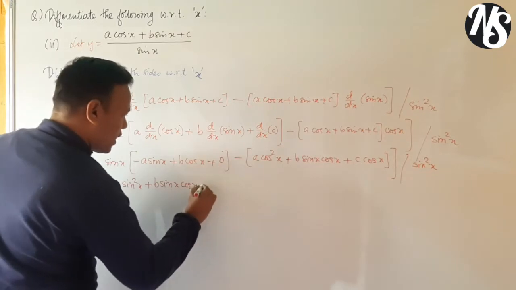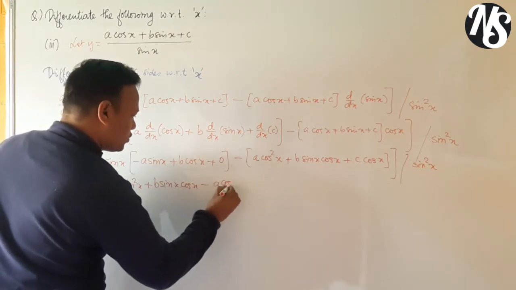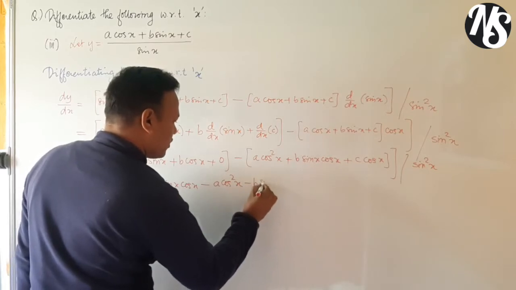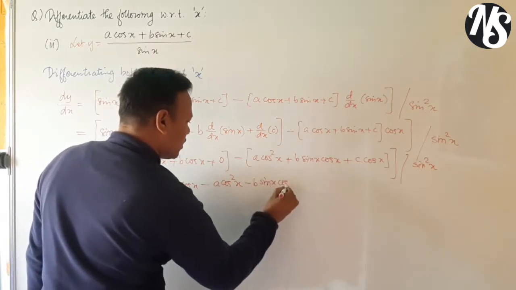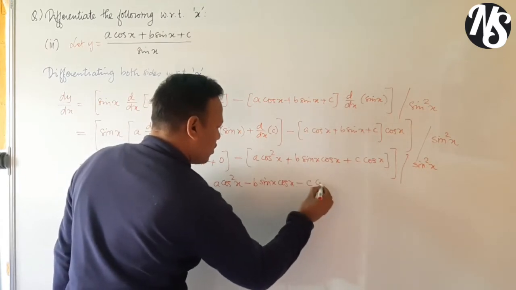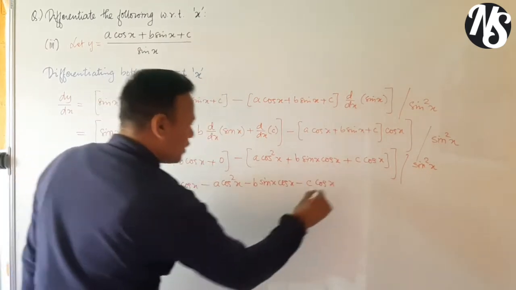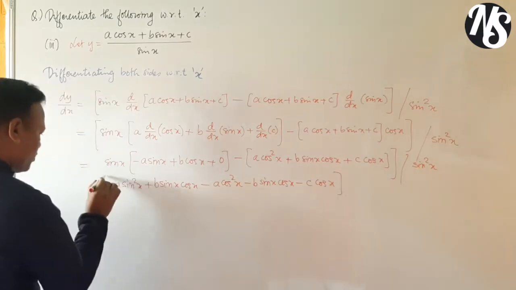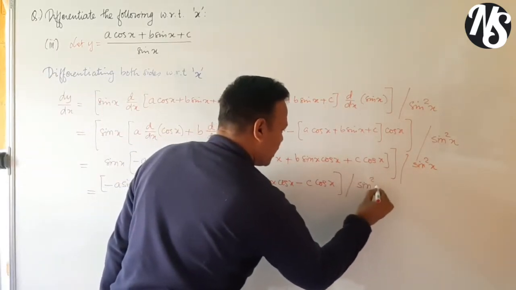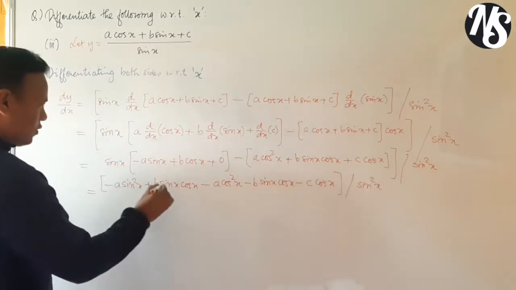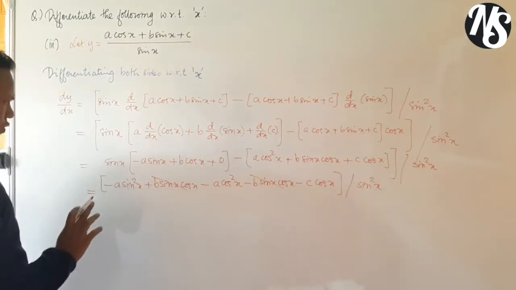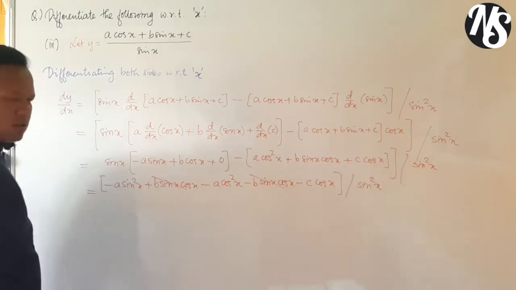So this is minus a cos square x, plus into minus is minus b sine x cos x, minus into plus is minus c cos x. Okay, so this is the simplification of numerator. So we have divided by sine square x as well, remember. So this plus, this minus, they will get cancelled. So you see that minus a is common here, isn't it?